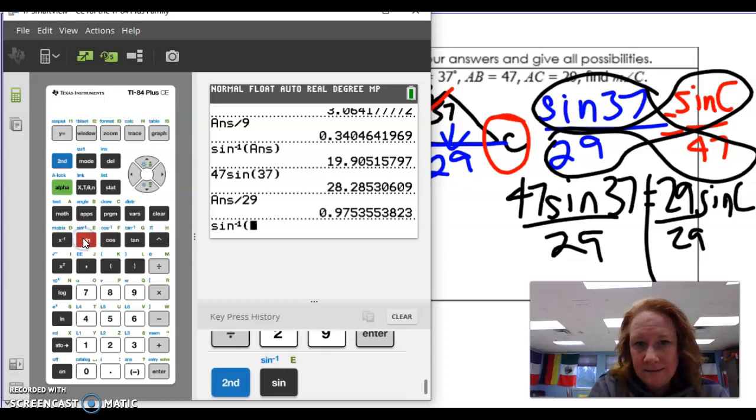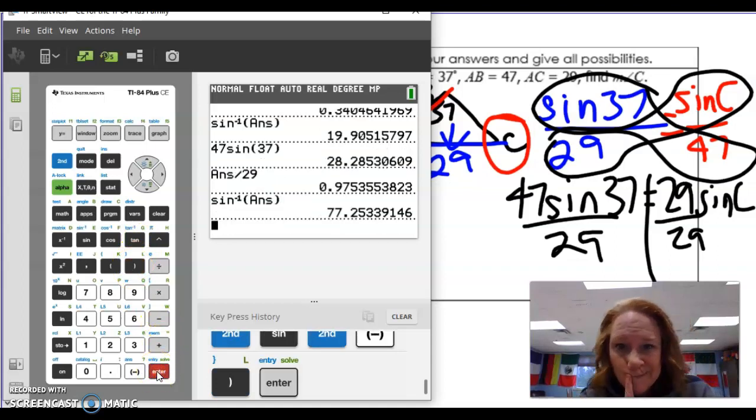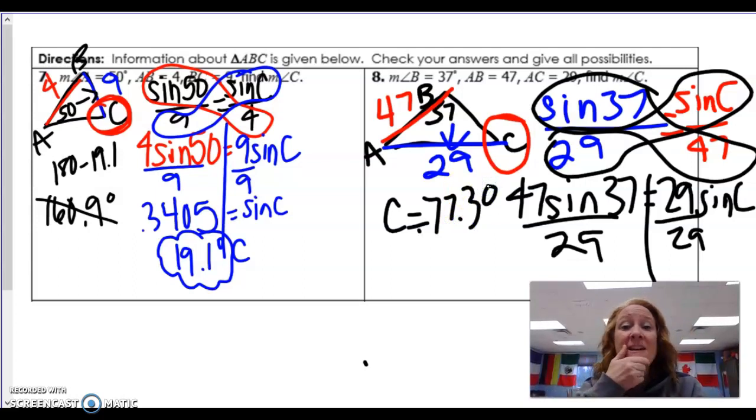So second sine, sine inverse of my answer. Close it. 77.3. So C equals 77.3 degrees.